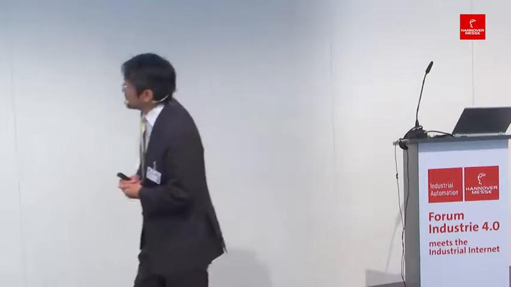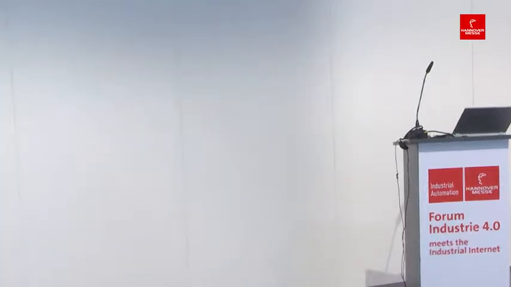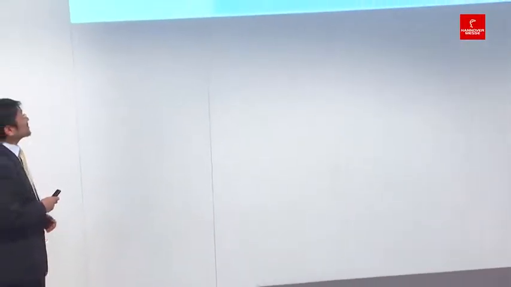So let me introduce our organization. In Japan, we have 3 major organizations for industrial IoT. One is the IoT Acceleration Consortium. It covers many industries, not only manufacturing. And also the Robot Revolution Initiative.